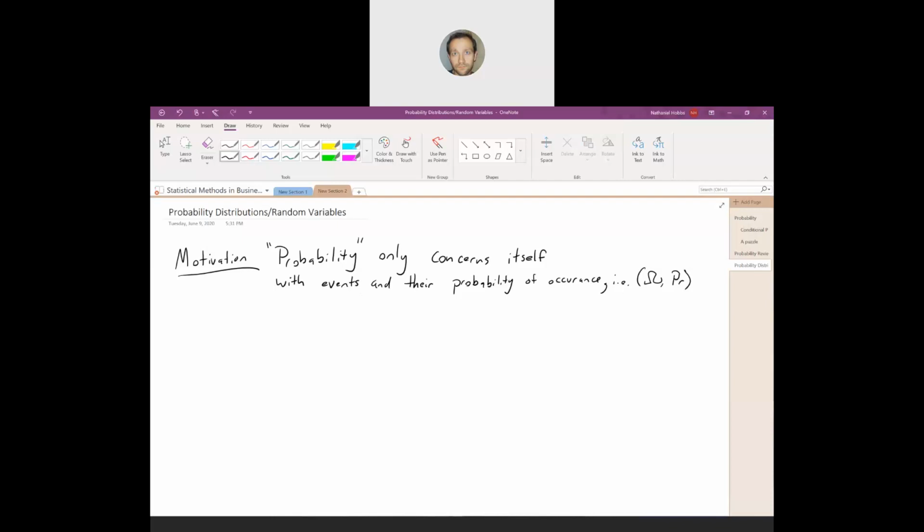Random variables allow us to assign numbers to things.